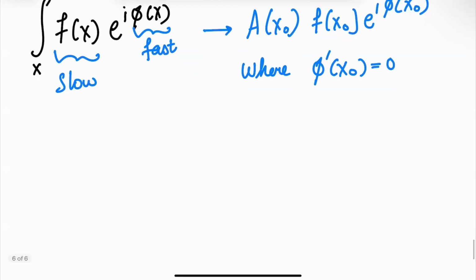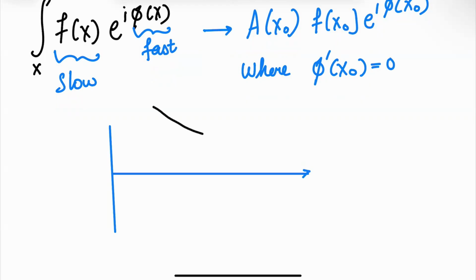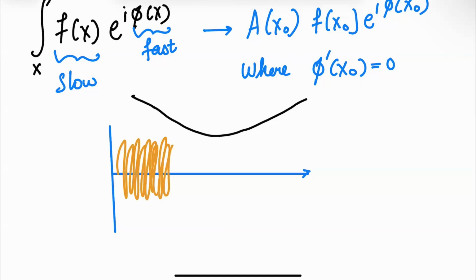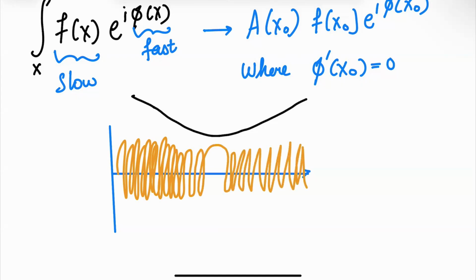So graphically, it looks something like this. I have my phi of x, which we said is maybe doing something like that. But if I take the exponential of phi of x and take the real part of that, the exponential term has to vary very rapidly, because the phase gets wrapped. Then at the stationary phase point, it slows down this fluctuation, and then again it speeds up and becomes very rapid.